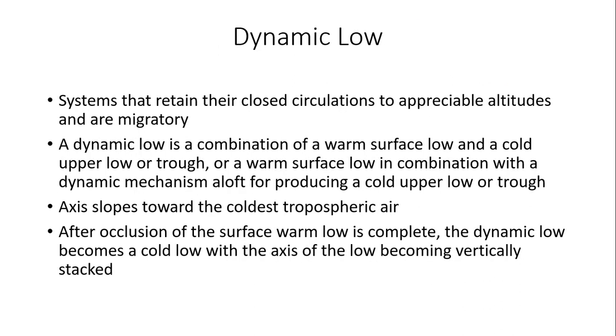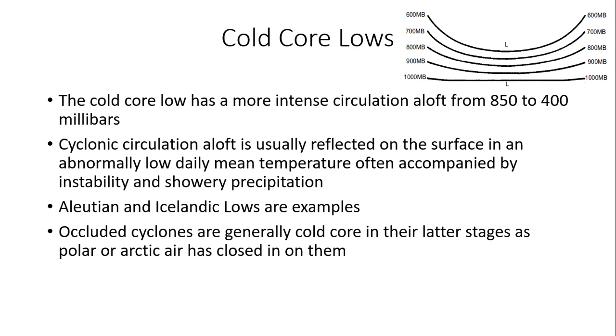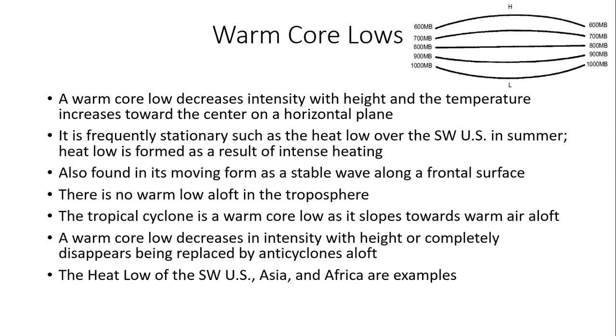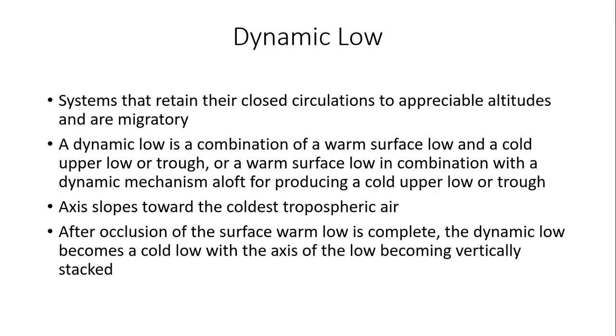Now let's move into a discussion on dynamic lows and dynamic highs. These are different than what we've talked about previously with the cold core and warm core lows and high pressure systems. Dynamic lows are systems that retain their closed circulations to appreciable altitudes and are migratory. They move.